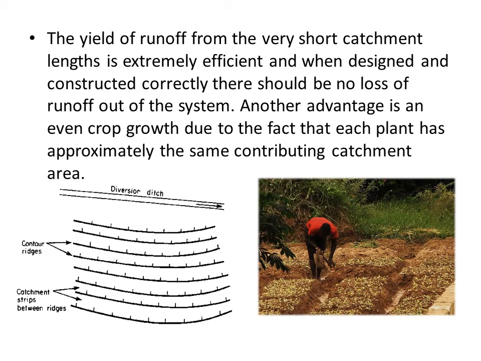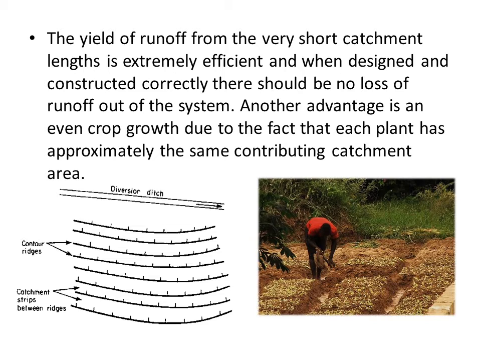Another advantage is an even crop growth due to the fact that each plant has approximately the same contributing catchment area. So in this method, the catchments are equal in shape and they contribute equal water to the crop growth in that micro basin in which it is being used.